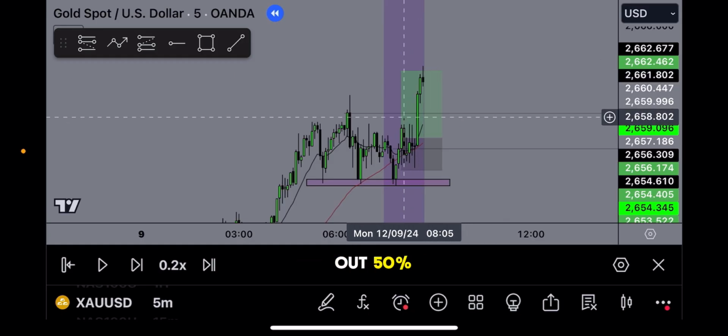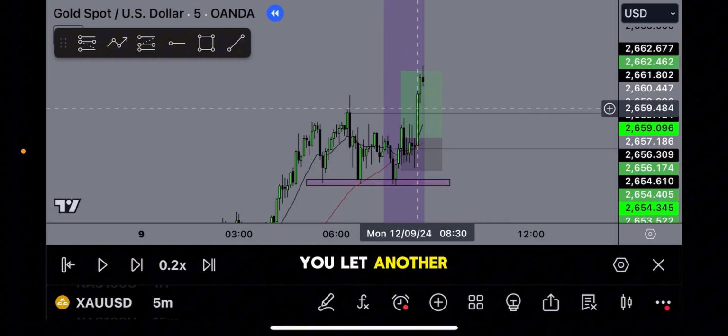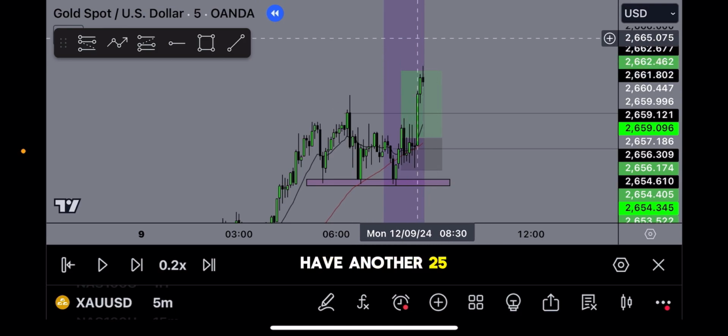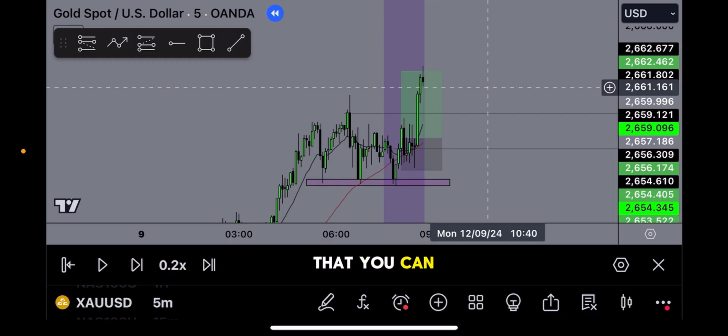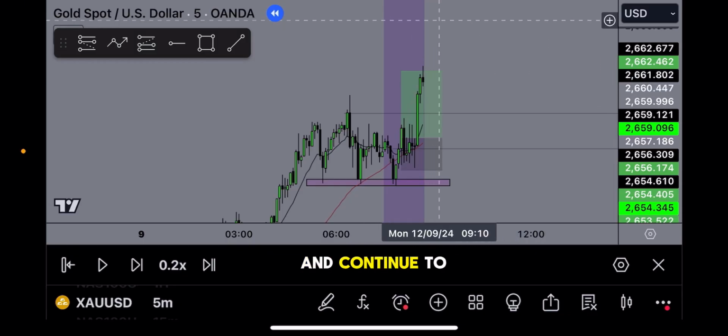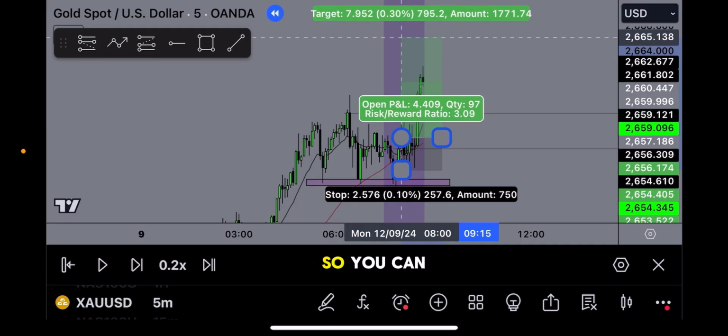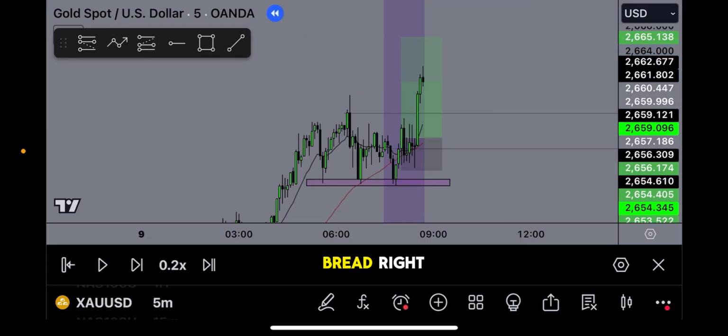Because you closed out 50%, you let another 50 run, and then you closed out half of that, which is 25%. Now you still have another 25 that you could let the trade go up and continue to take profit 3, if it keeps going, so you could make that extra bread, right?